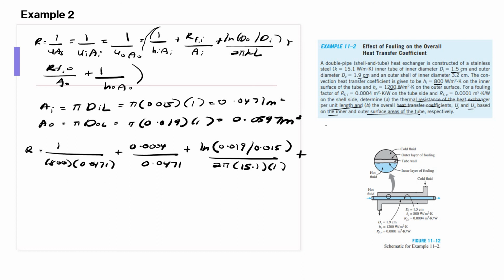So plus the outer fouling factor 0.0001 over A naught 0.0597, plus 1 over h naught 1200 times A naught 0.0597.